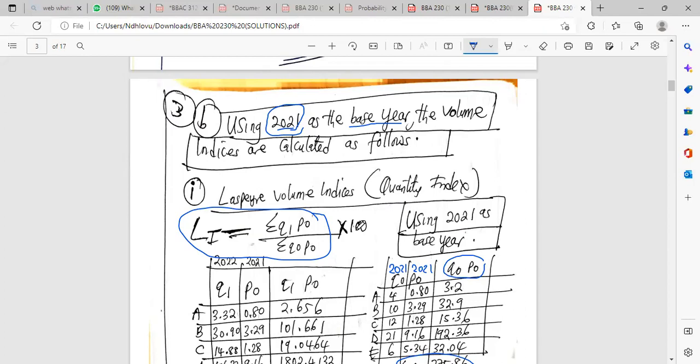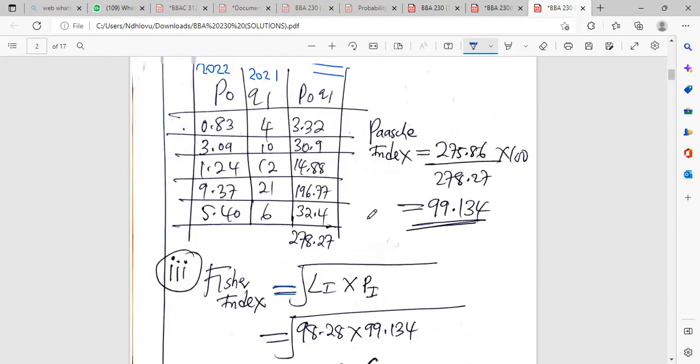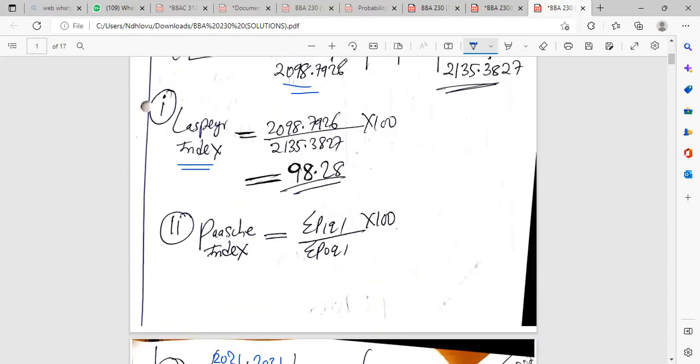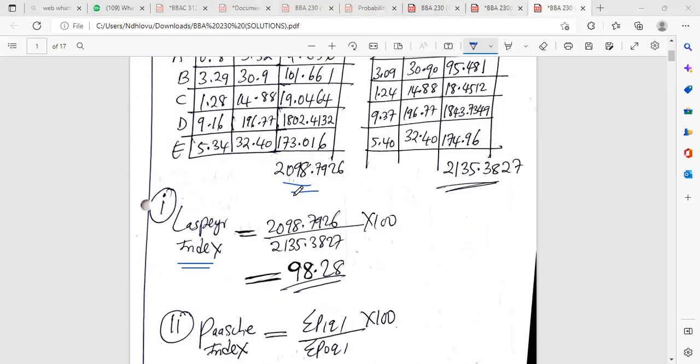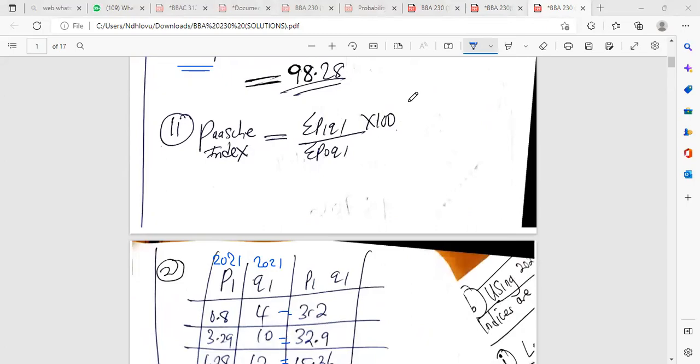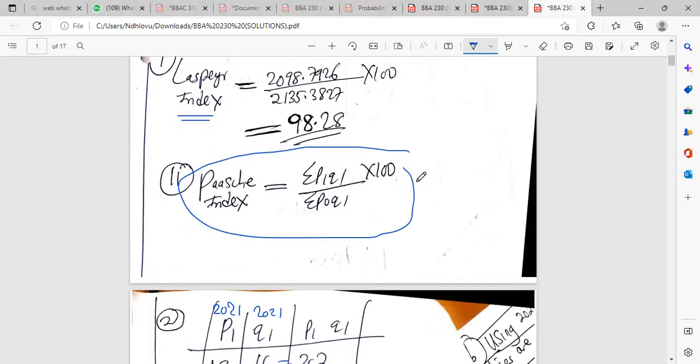So the same applies to Paasche. This applies to the price index for the Paasche. So let's look at the Paasche index. The formula for the Paasche index is this one for the price index. Now the quantity index is totally different.